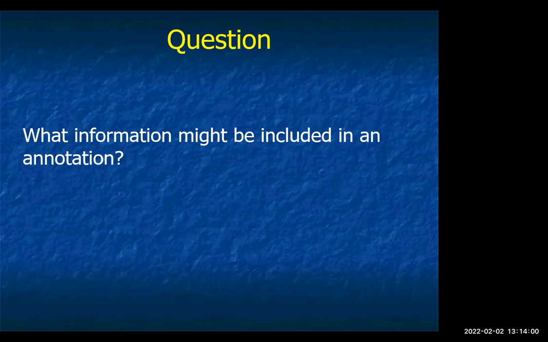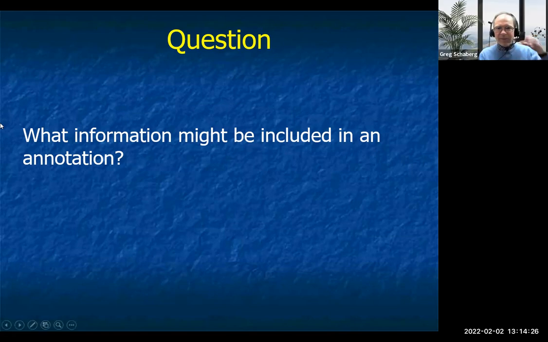So the question is, in terms of the annotation, what information might be included in an annotation that we just went over? And if you like, you can put that in the chat, or you can unmute yourself if you like. Now, we're not talking about the citation part of the entry.